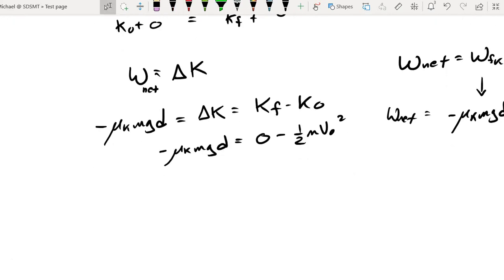And what we have now is an expression that says we don't need to know the mass. The minus signs are going to drop out, and what we're left with is mu k g d equals half of v naught squared. So what can we do with this?